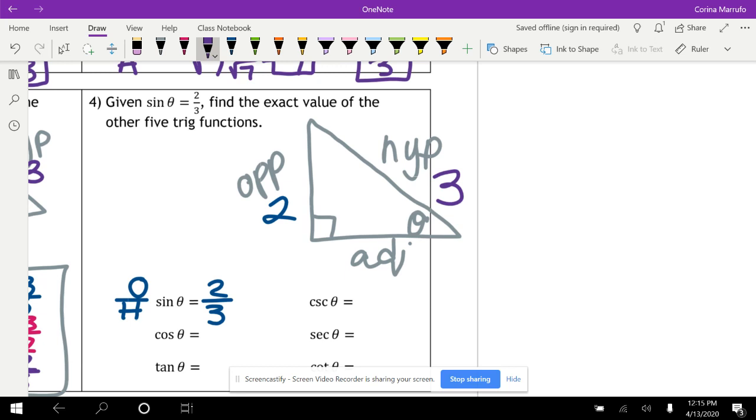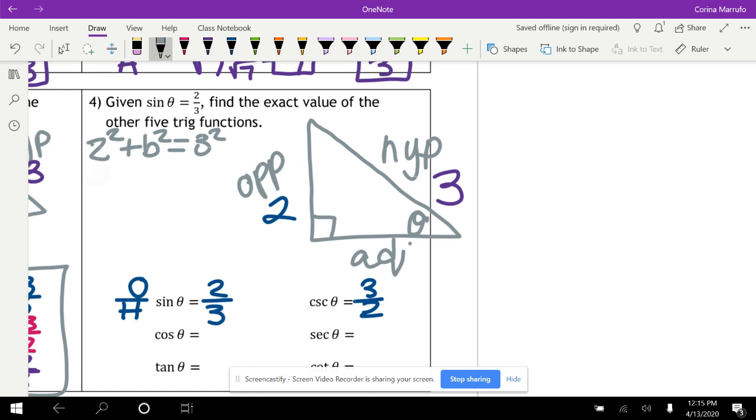If sine is 2 over 3, then we can find its reciprocal function cosecant. It becomes 3 over 2. All we have to do is flip the fraction over. And so in order for us to find cosine and tangent, we're going to have to find the adjacent side using the Pythagorean theorem. So we're going to use a squared plus b squared equals c squared.